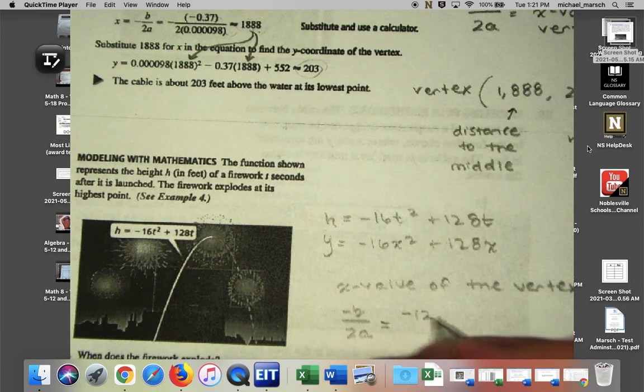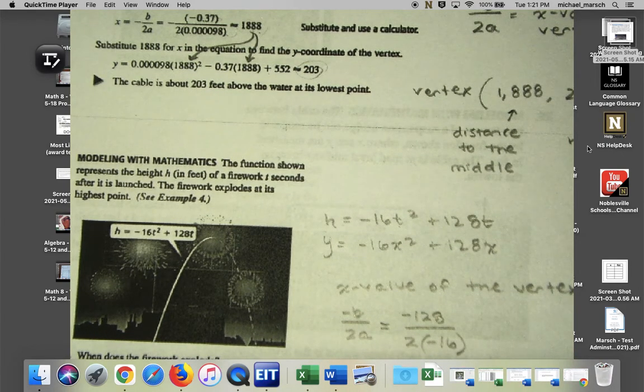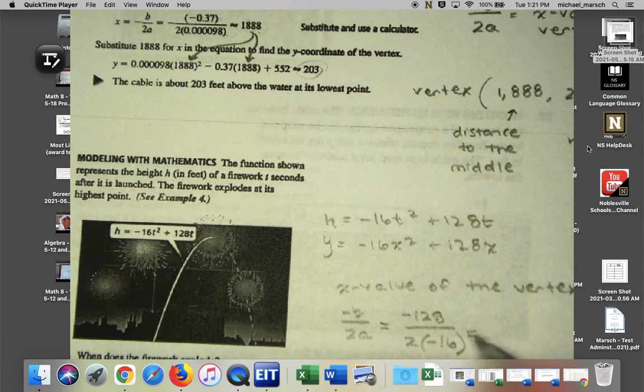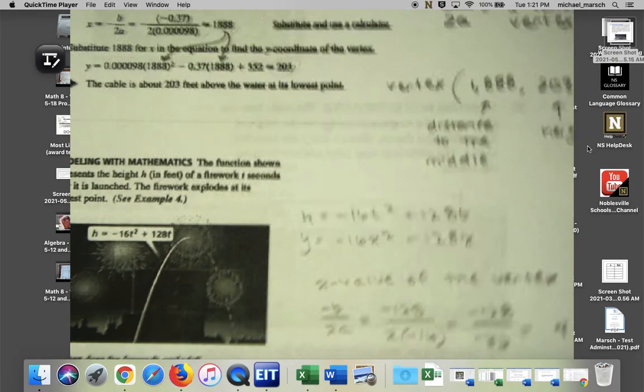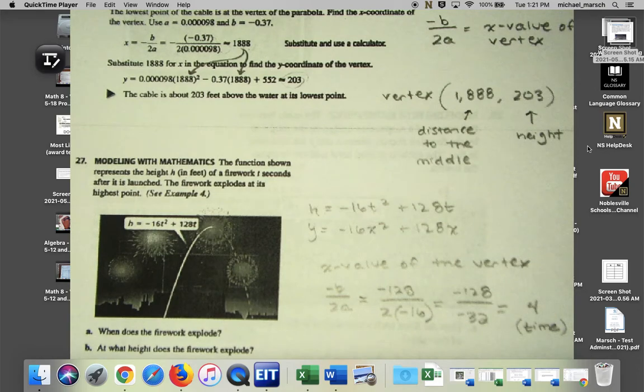So it's going to be negative 128 over 2 times negative 16. Because this is our b, this coefficient. This is our a, negative 16. So then we end up with negative 128 over negative 32, which is going to give us 4. So the x value for my vertex is 4. And that's the time. That's also the t up here, right? Are we good so far? We just put the numbers into the formula, did our magic, and we got 4.